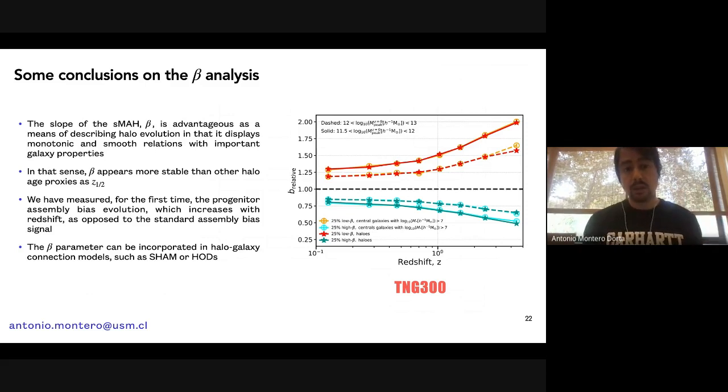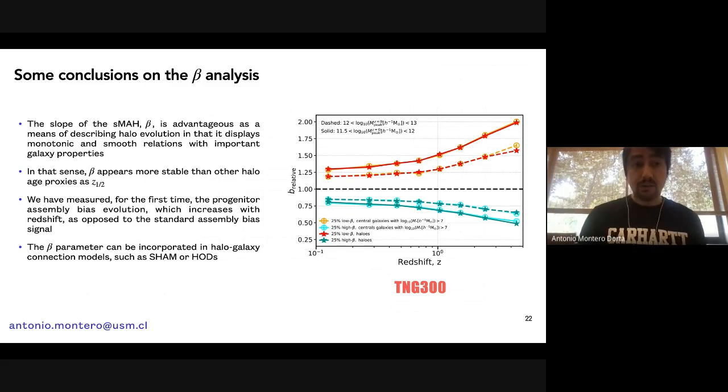The slope beta is advantageous as a means of describing halo evolution, in that it displays monotonic and smooth relations with important galaxy properties. It also shows interesting assembly bias trends.